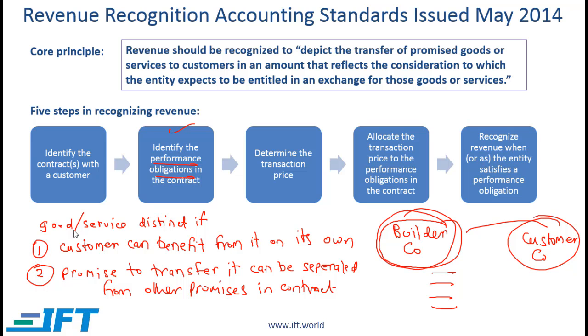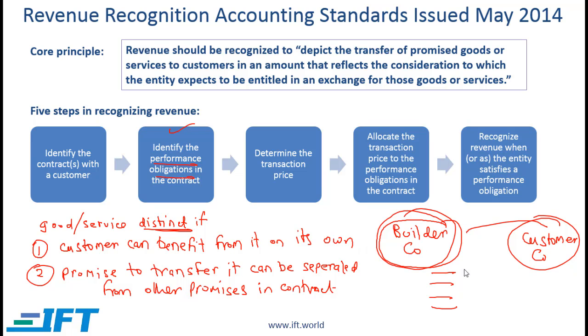For a given good or service to be distinct or to be a particular performance obligation, the customer should be able to benefit from it on its own or along with other readily available resources, and the promise to transfer this particular good or service can be separated from other promises in the contract.